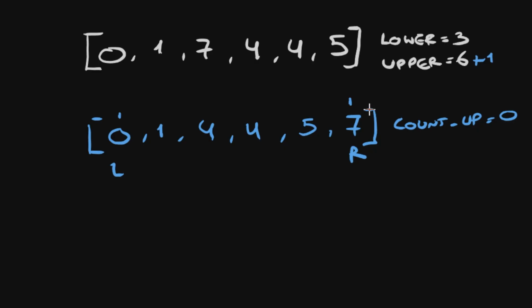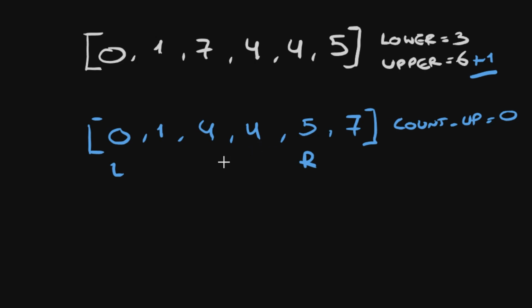And we want to check if that sum is smaller than the target, which in this case is the upper bound plus 1, because remember we are trying to include the upper bound. So we are checking if 7 is smaller than 7. In this case it isn't, so we update right one step to the left. Now right is here, and we are checking if 0 plus 5 is smaller than 7, and it is.